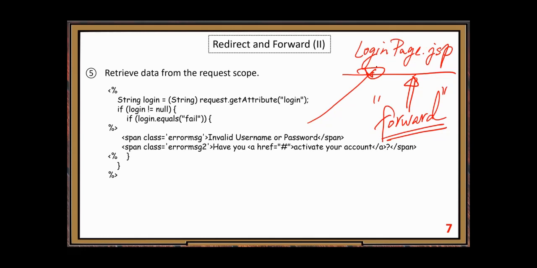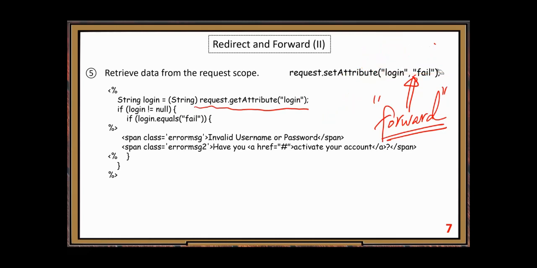In this one you can see request.getAttribute first. Remember, we stored the data before, so we have the data, and that's the name. Now we request that, so it should give us the value.